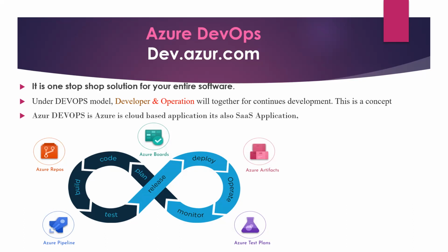The next thing is build. Once you finish the code, you build it. Once it is built, you test it, to check whether it is wrong or correct, whether there are any bugs, and whether it works perfectly. Once testing is done, you release it, and then it is deployed.